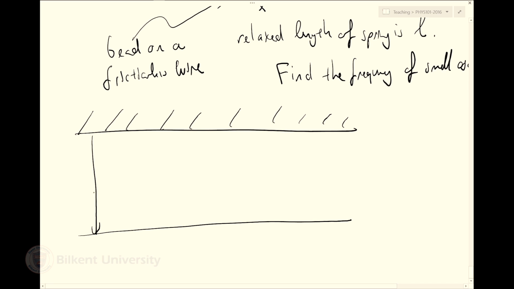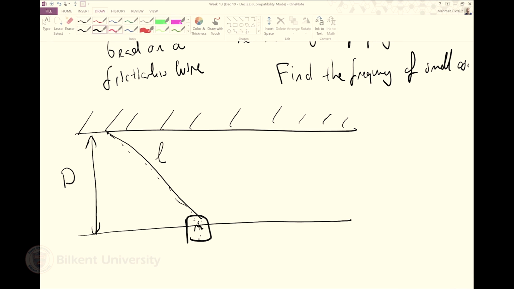This distance is d. So my original position is that this is L. I'm not drawing the spring. I'm just looking at the distance.